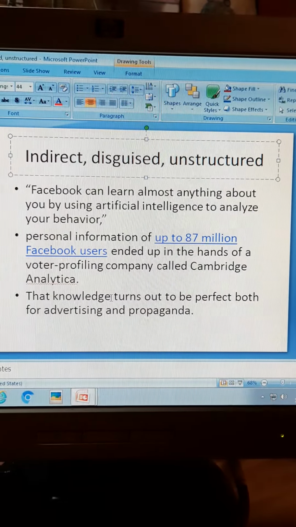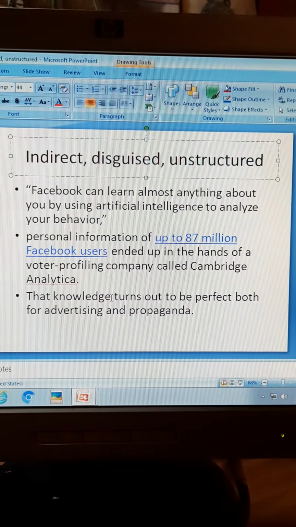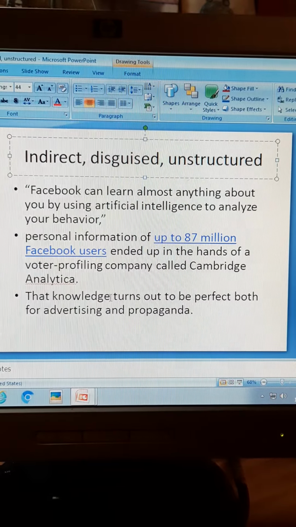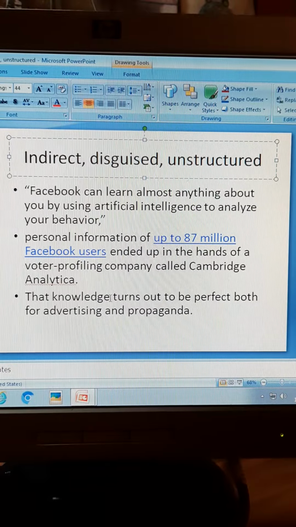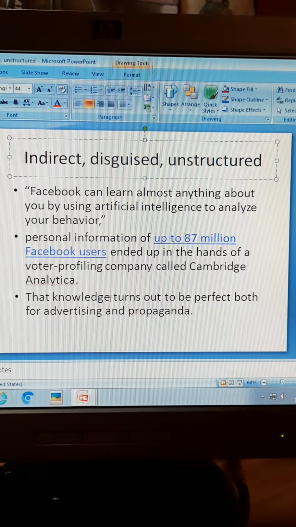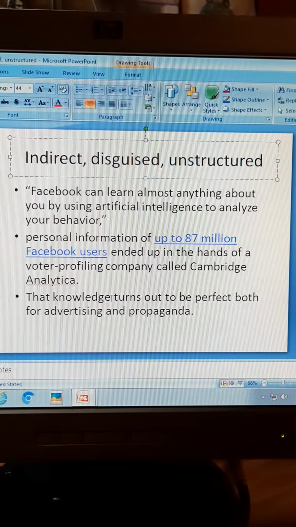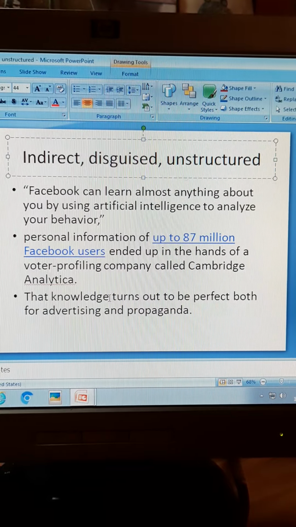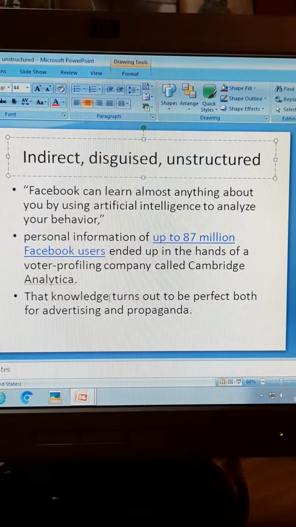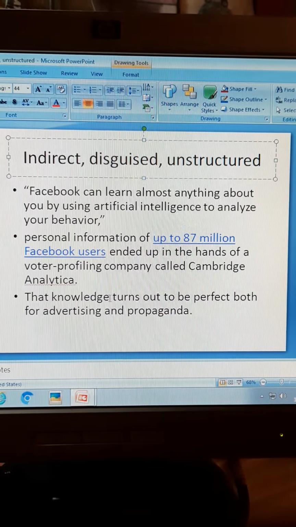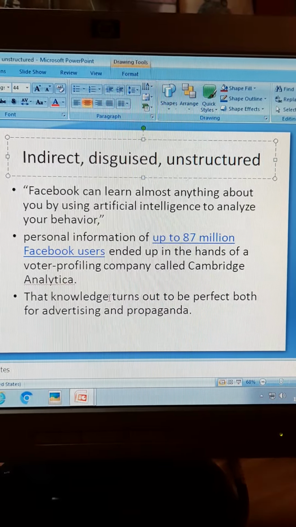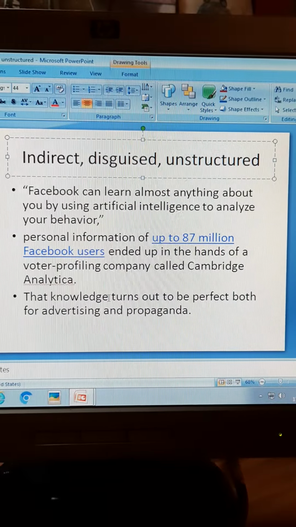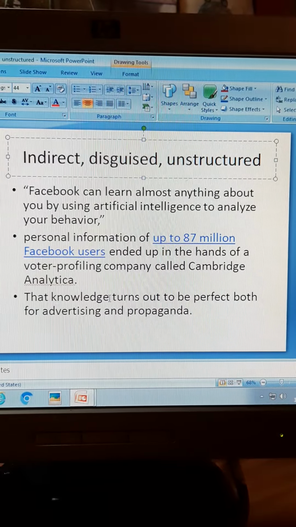Again, to refresh your memory, observation research is a primary data collection method, a primary research design which comes under the descriptive research methodology, descriptive research design. Right? Thank you very much.